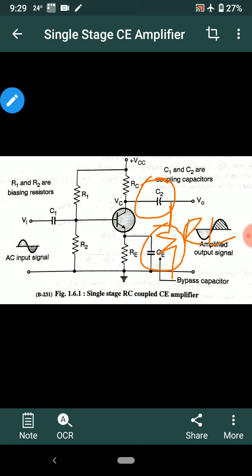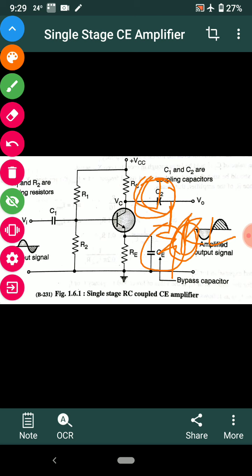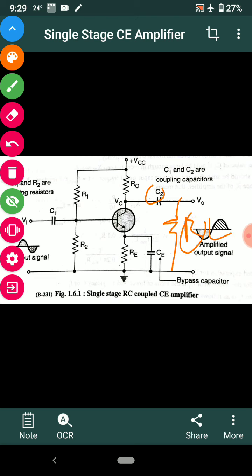This amplifier is called an RC coupled amplifier, because of the resistor and the capacitor. So this is a single stage CE amplifier having RC coupling. This is the main advantage.